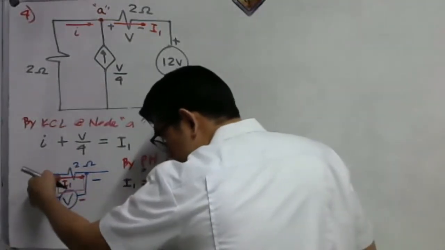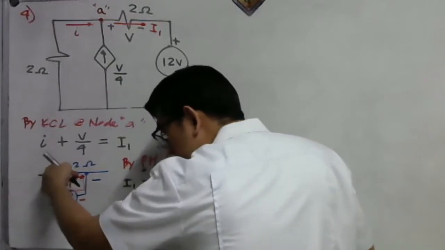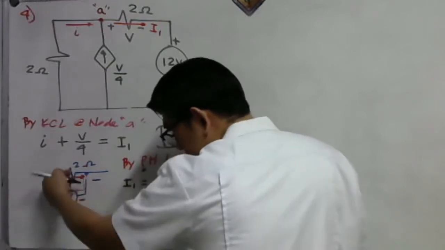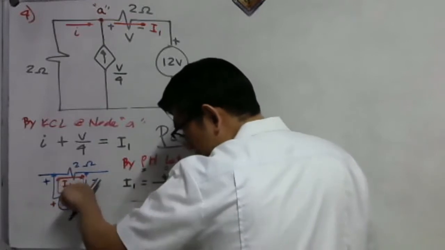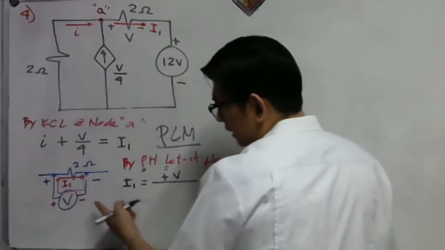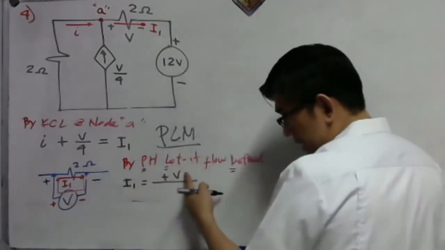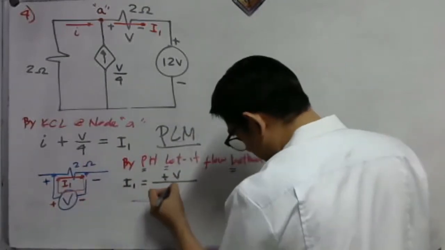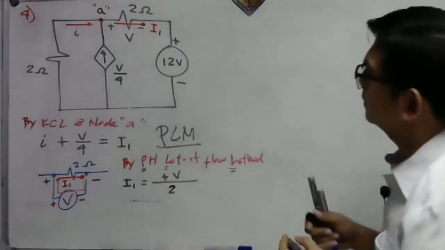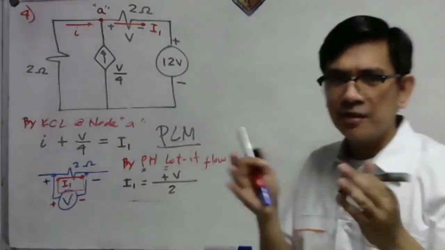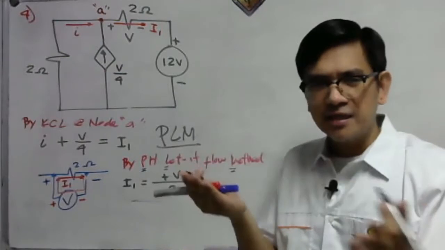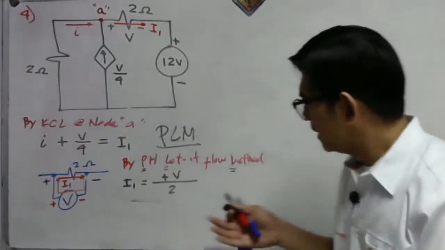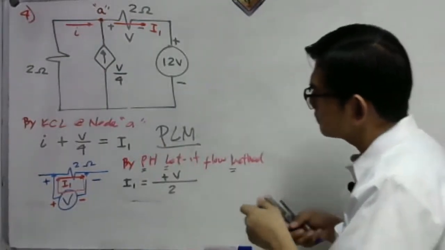This will produce a clockwise rotation of our current I sub 1 in our circuit. So this will be positive V divided by the resistance, which is 2 ohms. Here is the simple technique, though I made it in a very detailed manner.